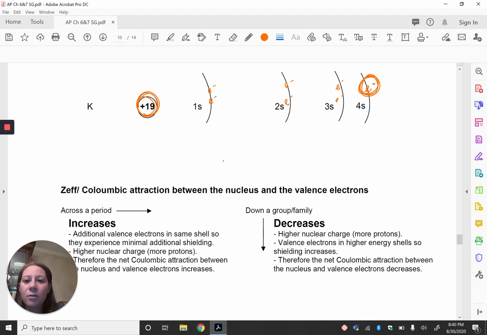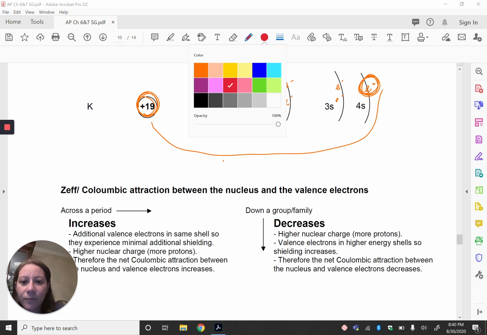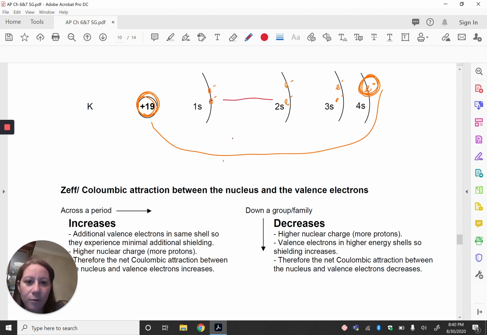There's attraction here between the two because this is positive and this is negative, but then there is repulsion here. All of these are shielding that electron from the nucleus. So the farther out we go, the higher the energy level we go, the more shielding we experience, and therefore the less the net Coulombic attraction between the nucleus and the valence electron, or the less Zeff, as we called it last year.